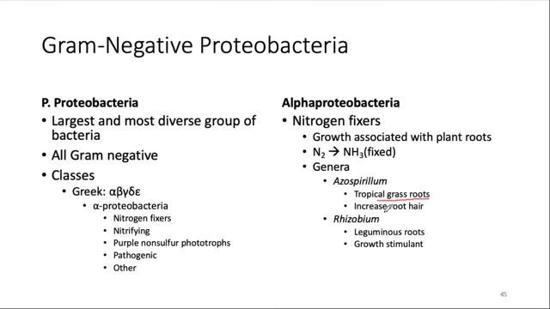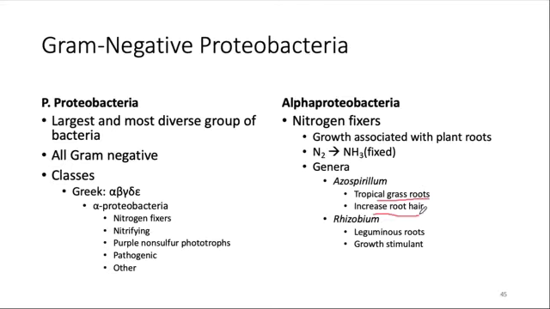So if you look at tropical grass plants, they have roots that you would typically find Azospirillum in. It will increase the root hair. It's a symbiotic relationship in that they're able to get nutrients from the plants, and then they're able to fix nitrogen for the plants as well.